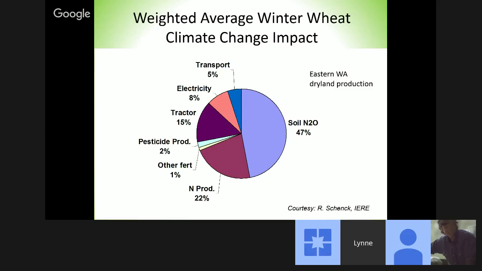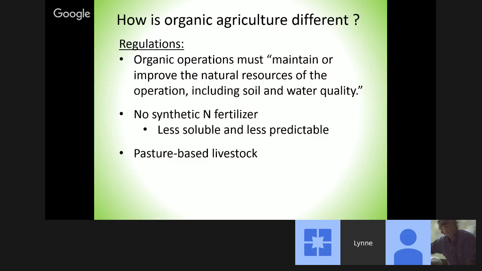And of course, in this kind of a system, we don't have livestock, so there is no methane coming from enteric fermentation, but a lot of fuel being used in tillage, and a lot of embedded energy also in the large equipment. So we're starting to see that every operation is going to have different specific activities and inputs, and therefore different footprints.